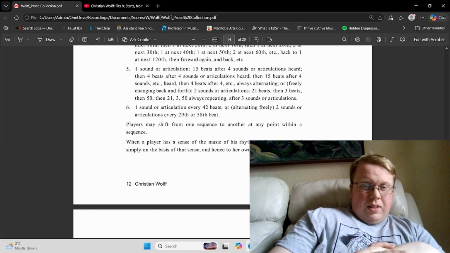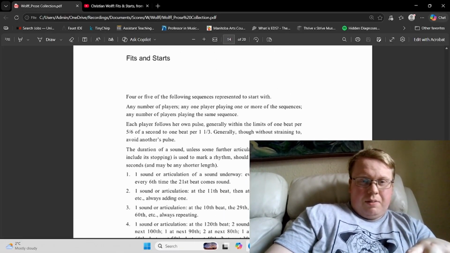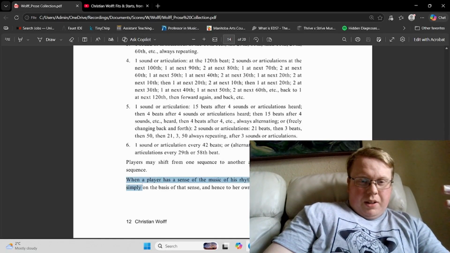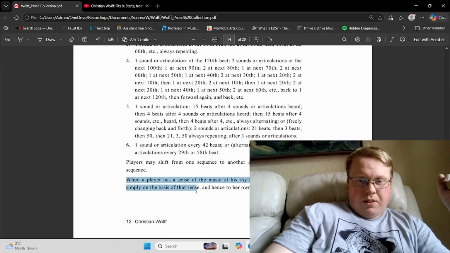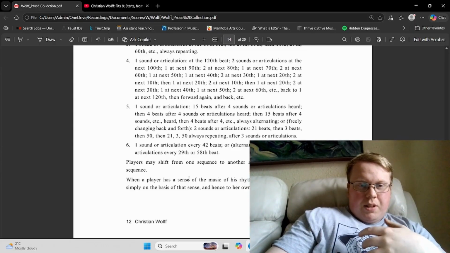He sort of defeats the whole exercise of meticulously writing these instructions out. Because at the end, he just says when a player has a sense of the music, of his rhythms, he may proceed simply on the basis of that sense, and hence to her own rhythms. So it's just like, yeah, or he could just mess around.